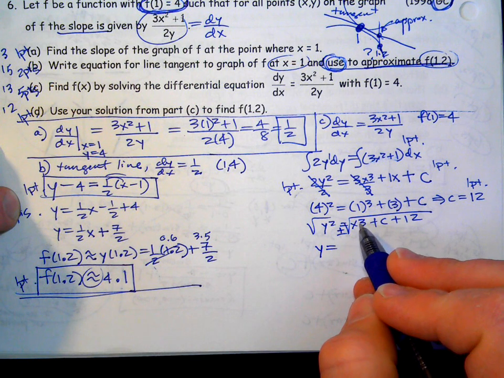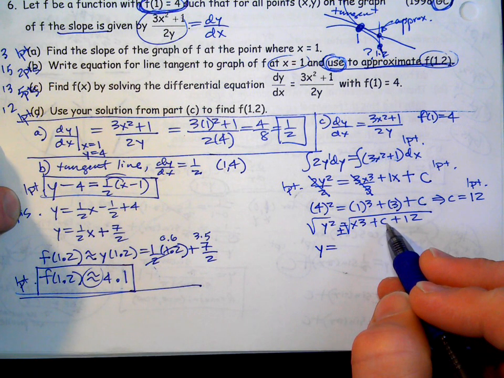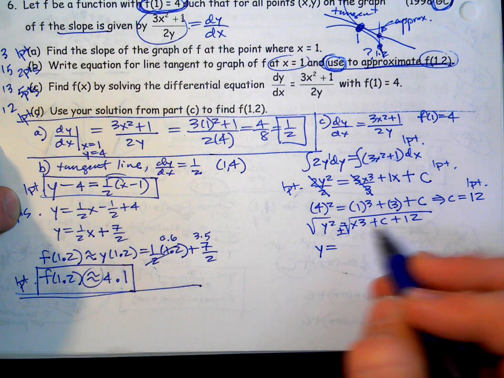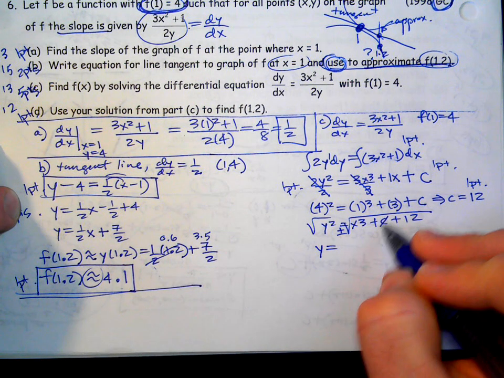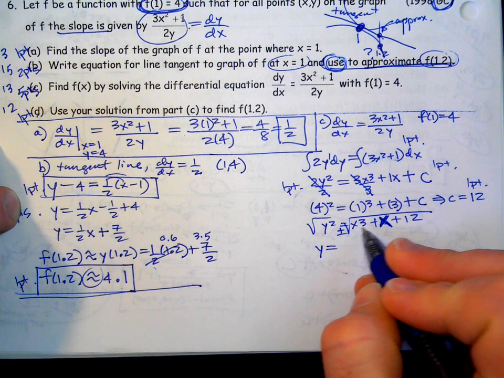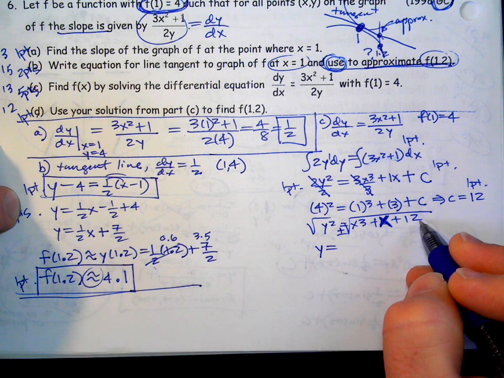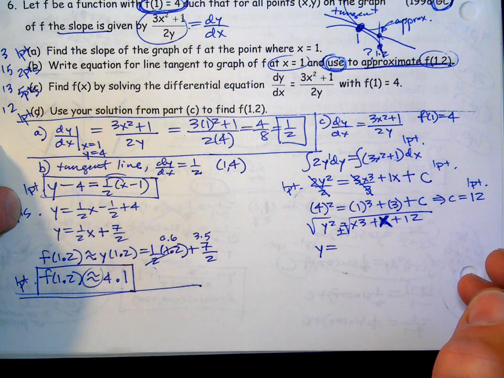So 1 cubed is 1, plus 1 is 2, plus 12 is 14. Oh, why did I put a c there? The square root of 14 is not 4, so I think I've made a mistake somewhere.